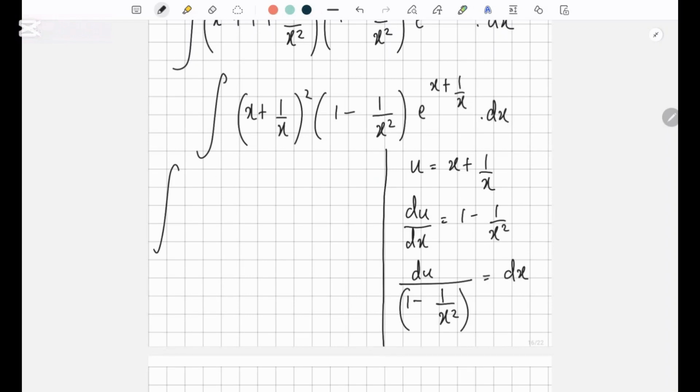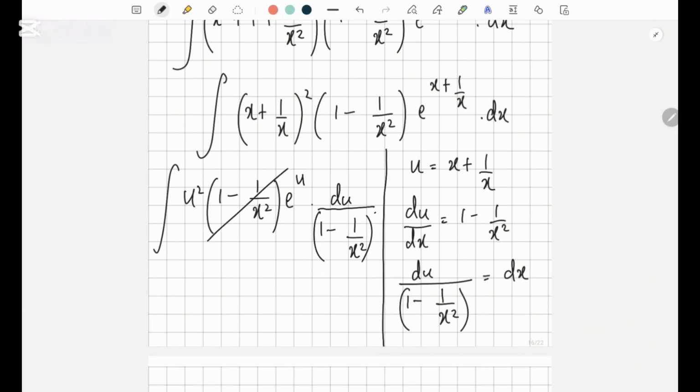So x plus 1 over x in brackets squared is u squared, right? 1 minus 1 over x squared into e to the power x plus 1 over x, that's e to the power u, dx. Instead of dx I'm going to write du over 1 minus 1 over x squared.